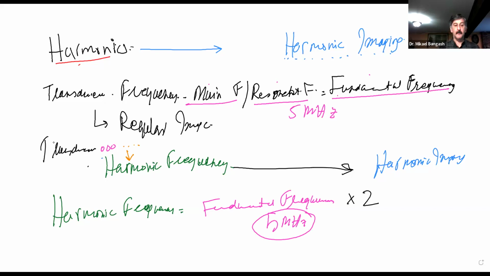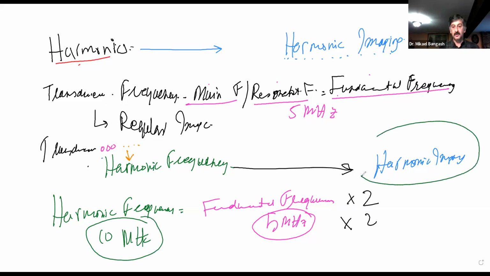What is going to be the harmonic frequency? Well, not really rocket science. I hope everybody will be able to say, double the number. So if 5 megahertz was the fundamental frequency, then the harmonic frequency for this transducer is going to be 10 megahertz. And what this 10 megahertz frequency is going to lead to is a harmonic image.